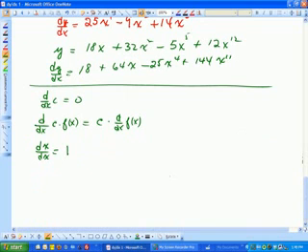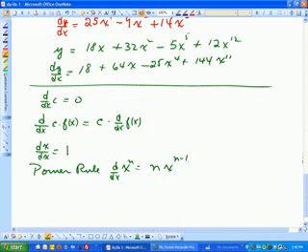You learned the power rule, which said that the derivative of x to the n was n times x to the n minus 1. You sort of learned separately one that really makes the same thing, namely that the derivative of x is 1. That's the same idea. It's 1 times x to the 1 less power, which is x to the 0 there.